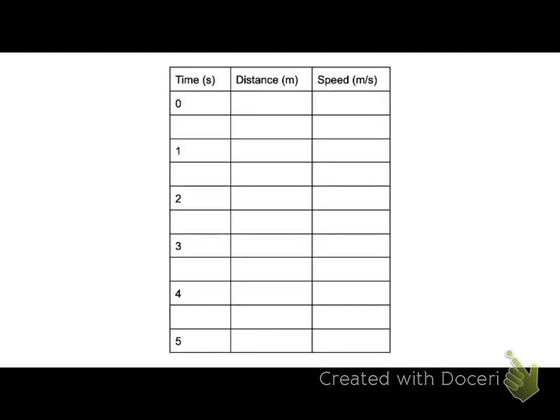So this is meant to model for you acceleration. So what we're going to do now is we're going to fill out these charts together, okay? So to begin with, at time 0, we were at what distance? 0, right? So you could put 0.00, however you want to do that. And it's measured in meters.